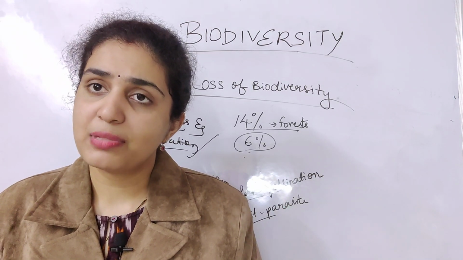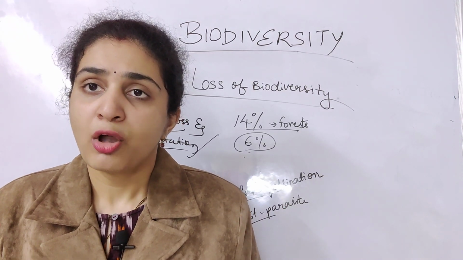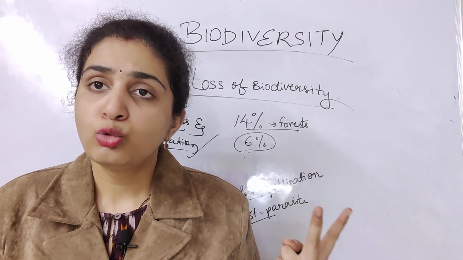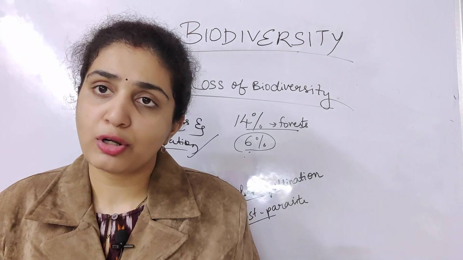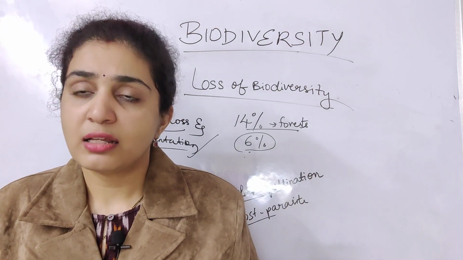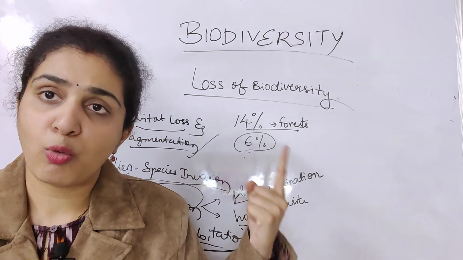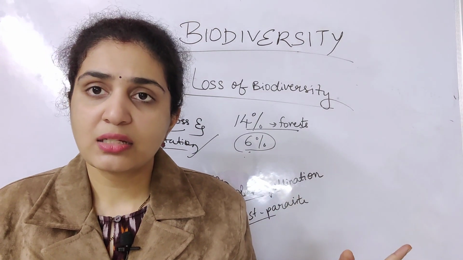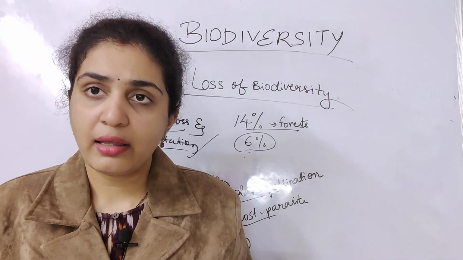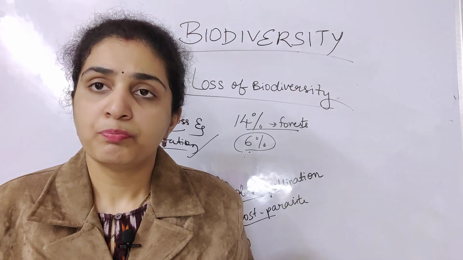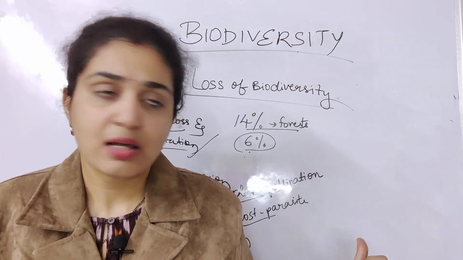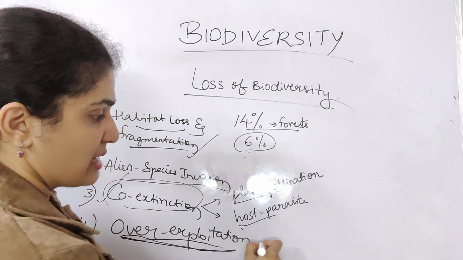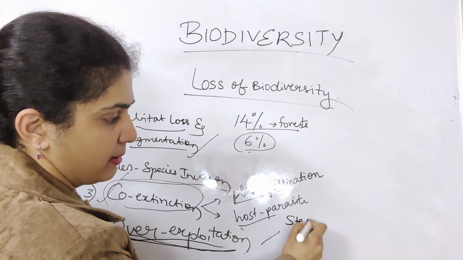Two common examples were given, two main species lost due to over exploitation by humans: the Steller's sea cow, which I told you was in Russia, and the passenger pigeon. They got extinct.